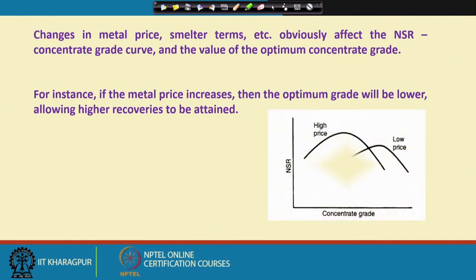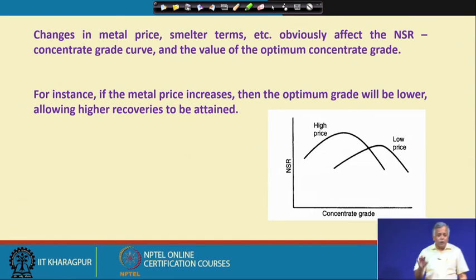Similarly, when the metal price drops, that means you are not getting much return on your investment because your metal price has dropped. So, what do you try to do? Then you are trying to have the maximum grade, that is the optimum grade, so that my extraction cost is lowered.